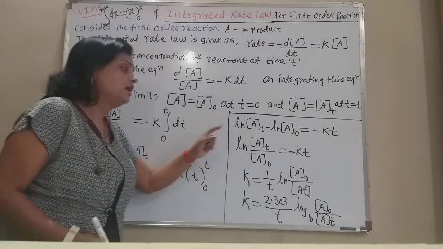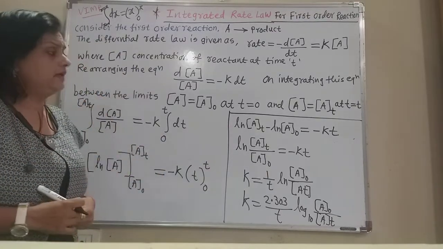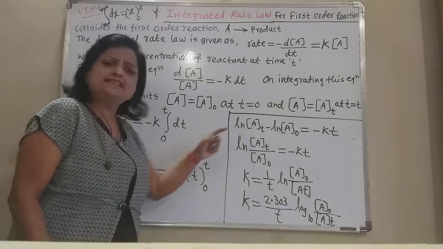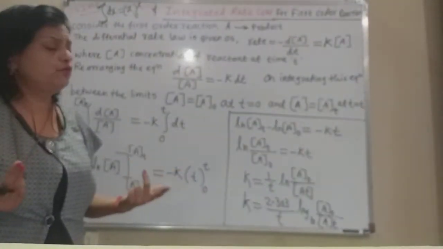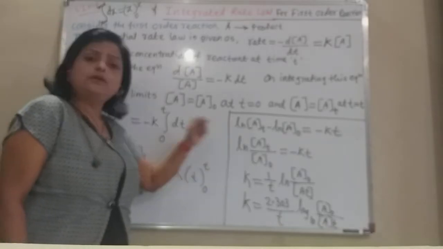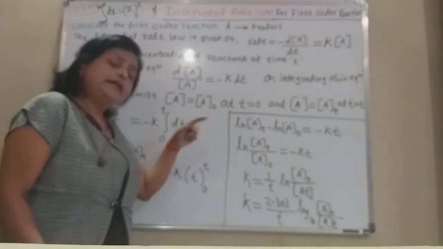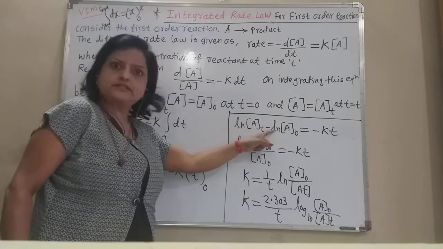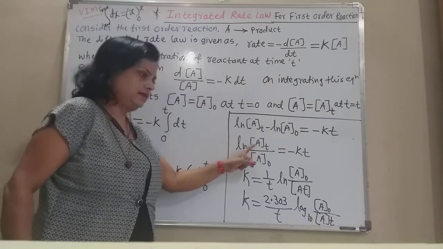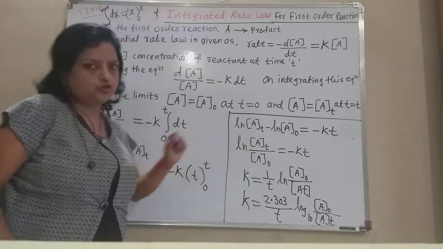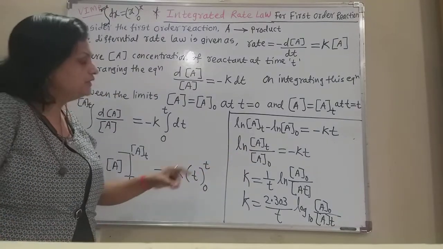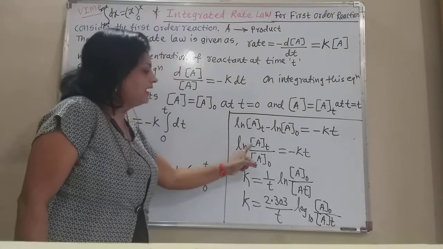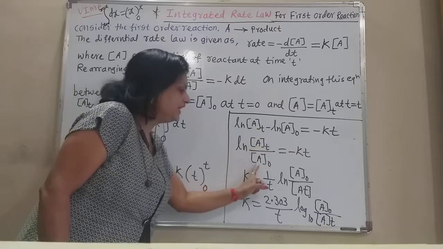Understand up to this? Now you know that ln is the logarithm to the base e. So in logarithm, the subtraction of two logs is the division of the two numbers. Now this can be written as ln At divided by A0.